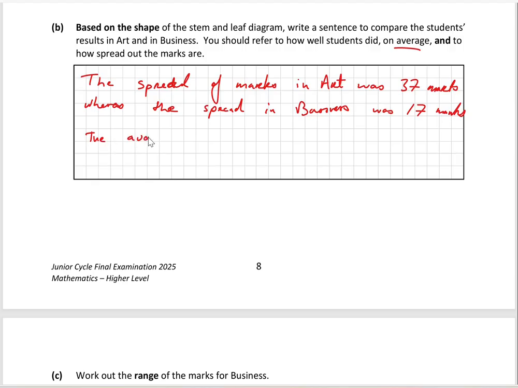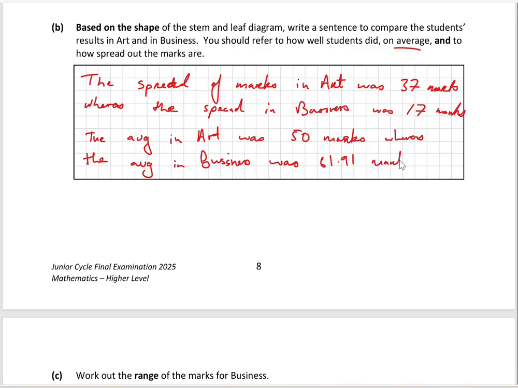The average in art was 50 marks, whereas the average in business was 61.91 marks, I would say. All right, so that's that.